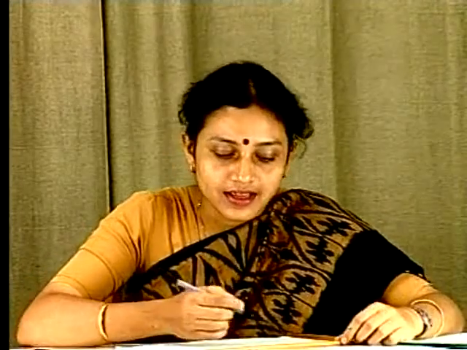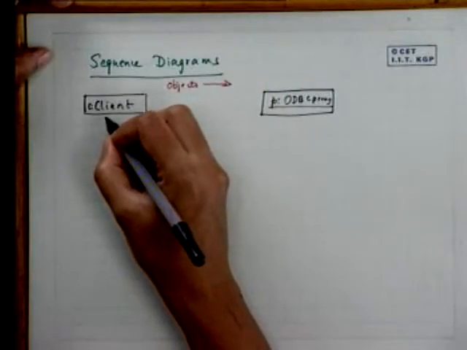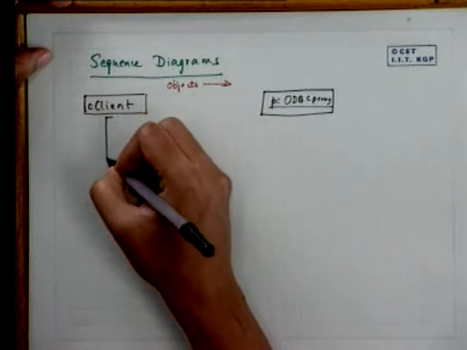That is, we have to specify the time during which an object is active. And the lifeline is plotted along the y-axis from top to bottom, and the messages are shown horizontally from one object to another object. Now first, let us try to draw the lifeline of the client object.